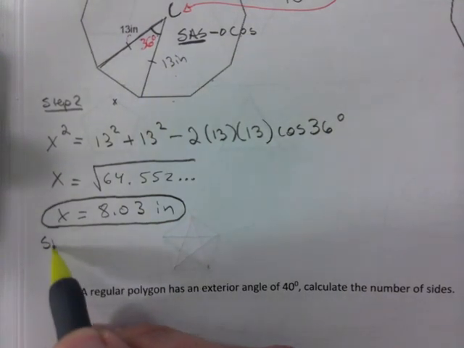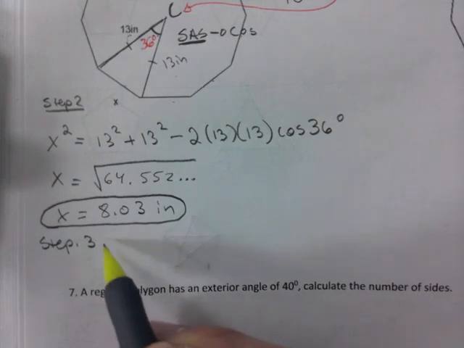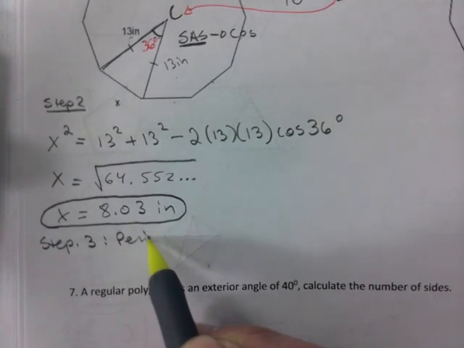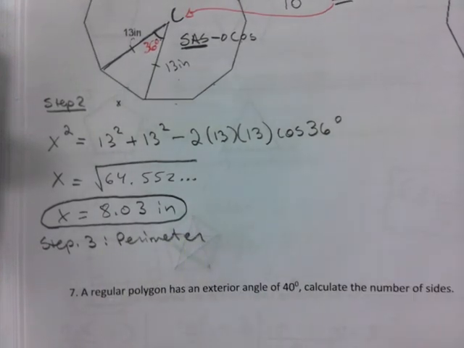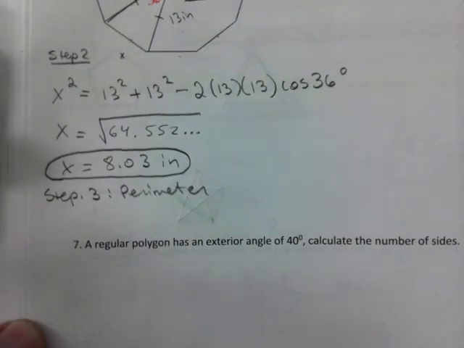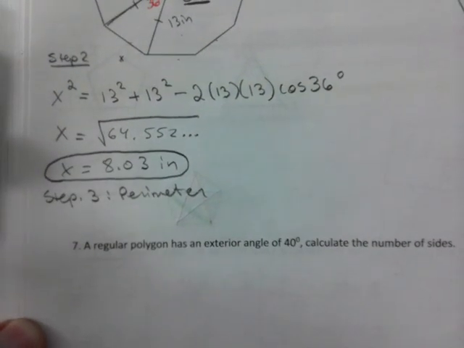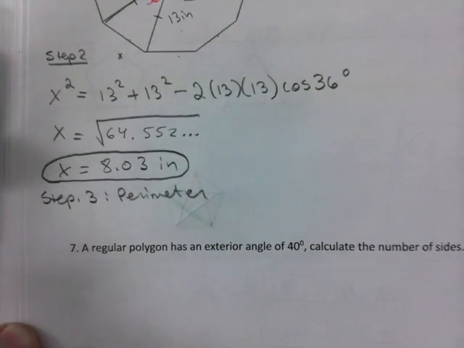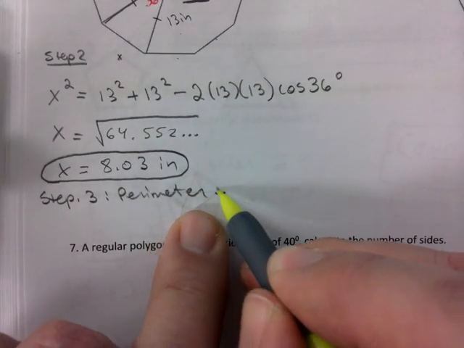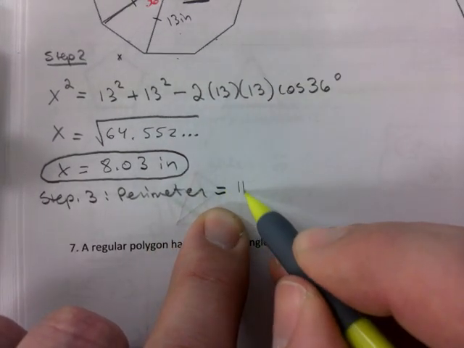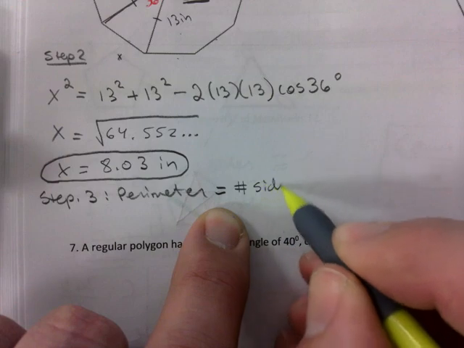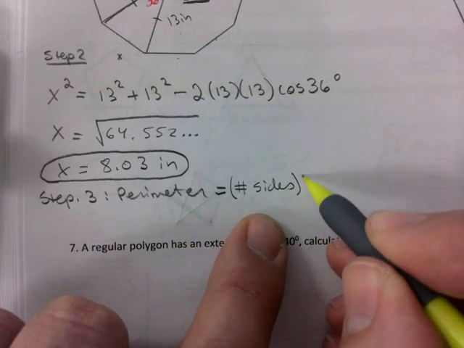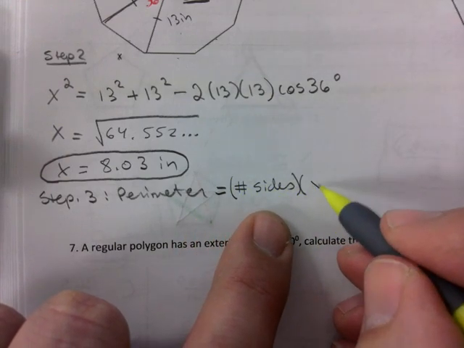Step 3, perimeter. Let me just focus that one more time here. And how do you find the perimeter? Let's just do this for polygons. It's the number of sides multiplied by x in this case.